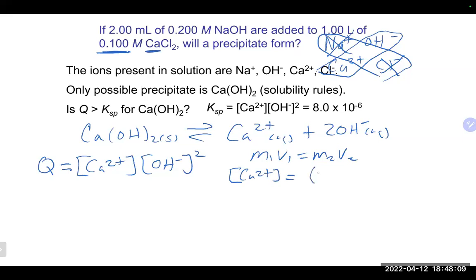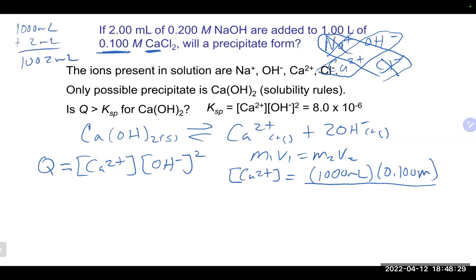So what I'm going to do is convert that 1 liter into 1,000 milliliters, same thing, right? So 1,000 milliliters times 0.1 molar divided by our total volume, which is 1,000 milliliters or 1 liter plus 2, basically, right? That's 1,002 milliliters, our total volume when we put both of those together, allowing our milliliters to cancel here.